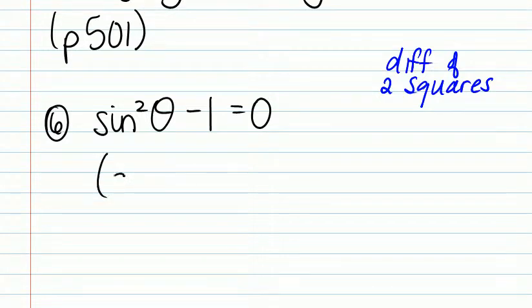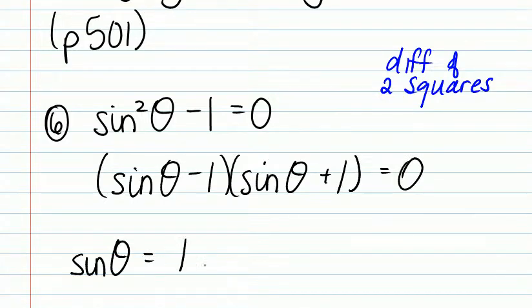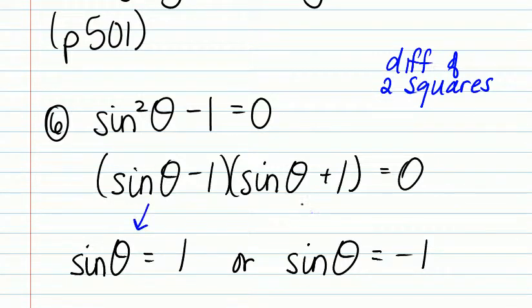But anyway, I'm going to change this into sine theta minus 1 and sine theta plus 1. Therefore, the sine of theta is going to equal 1, or the sine of theta is going to equal negative 1, because again, we set each of the factors equal to 0 and start to solve it.